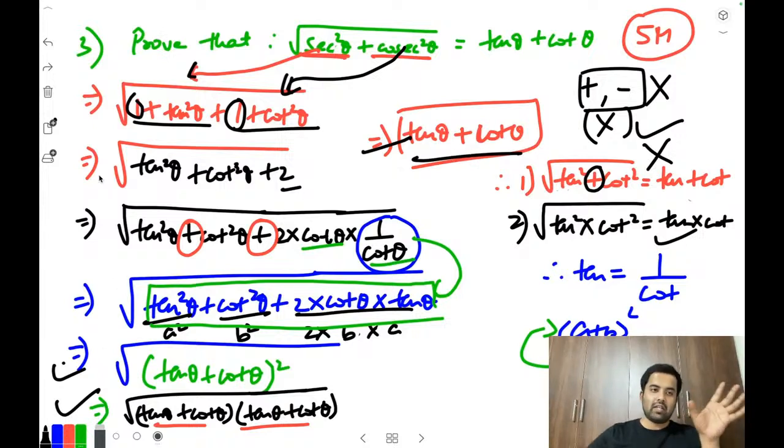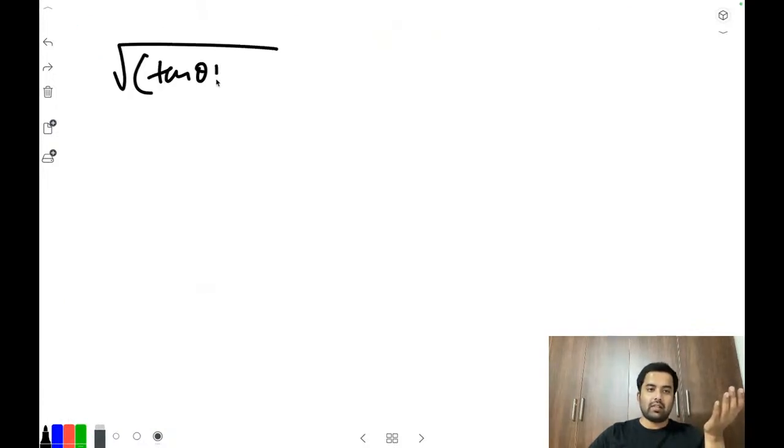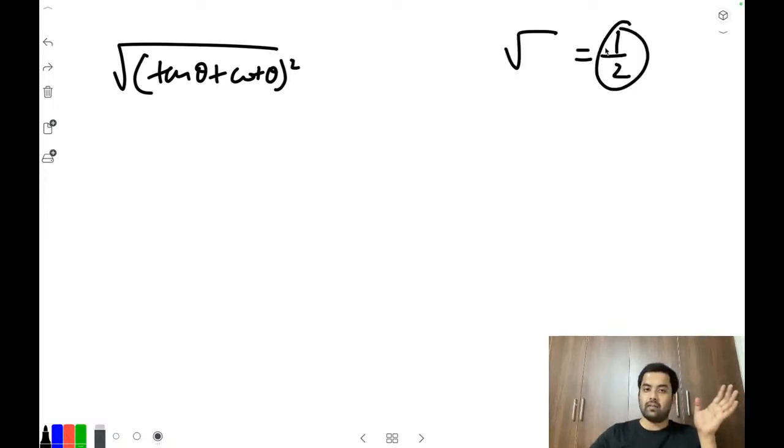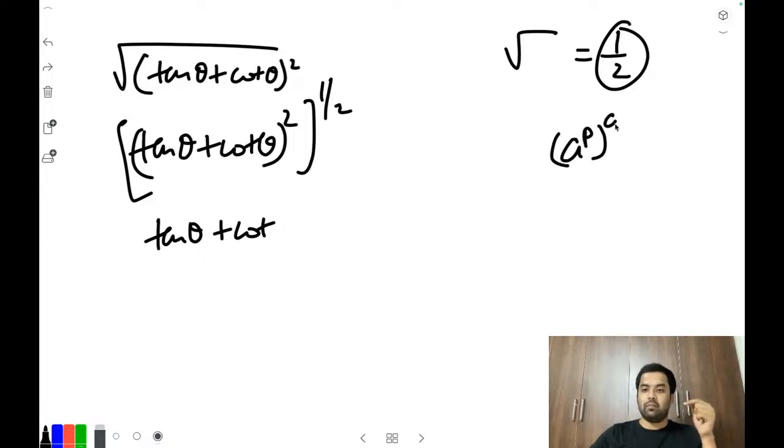Okay, main calculation. Let me mention what calculation we are doing on the backend side. If this is coming like this, root stands for the value 1 by 2, the fraction, which means (tan theta plus cot theta) whole square. Now again the whole square will come as 1 by 2. Now you know the exponent law: a power p, whole power q, we do a power pq.